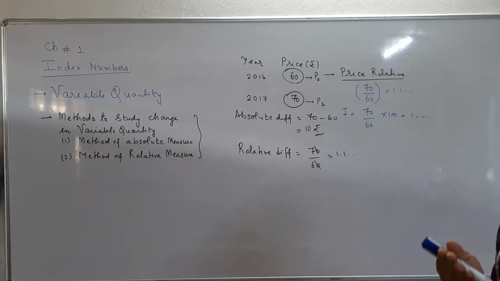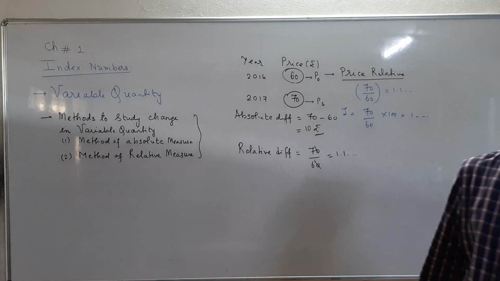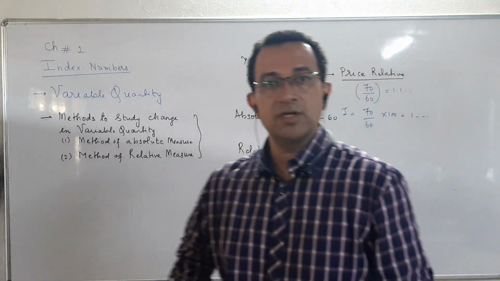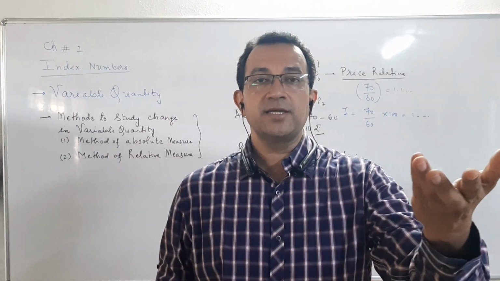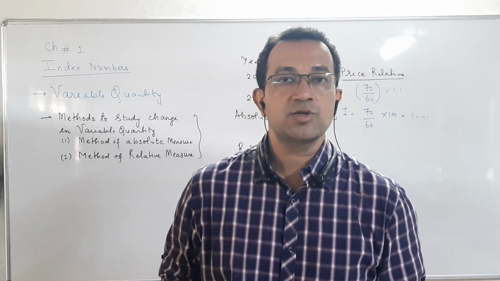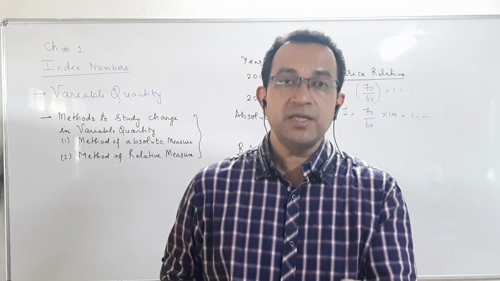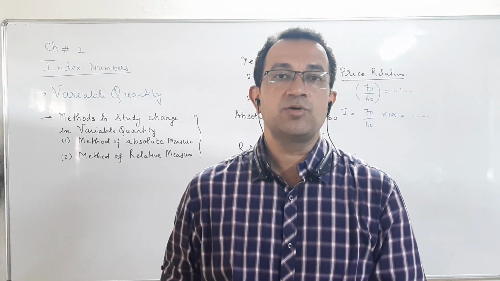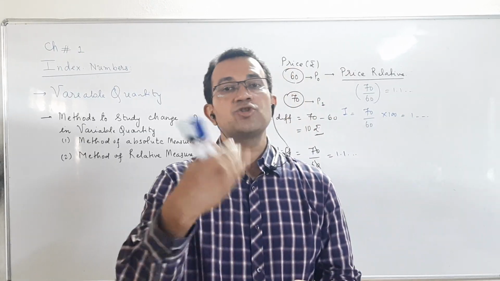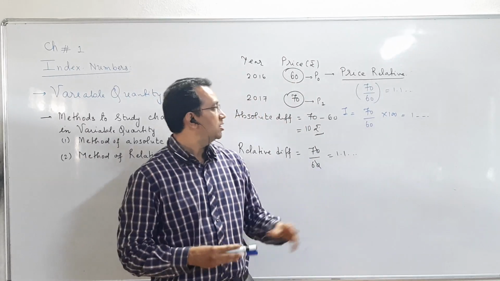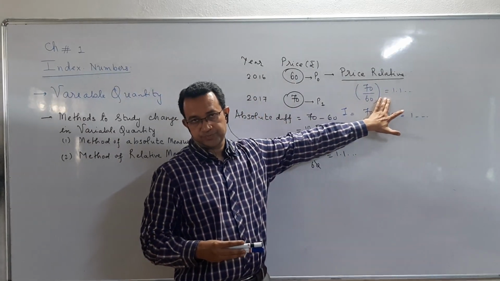If 2008 and 2012 are given, then 2012 is the higher year and 2008 is the lower year. So what is the definition of price relative? The ratio of price in the higher year to the price in the lower year is called price relative. Higher year price is denoted by P1, lower year price is denoted by P0. So the ratio P1 upon P0 is called price relative.